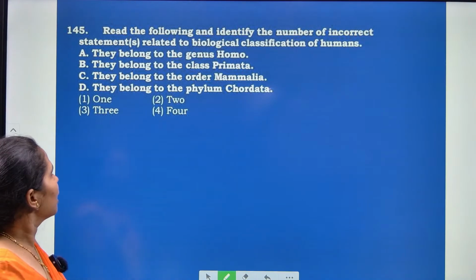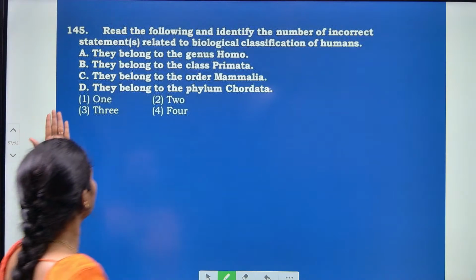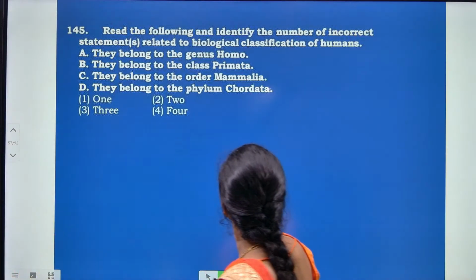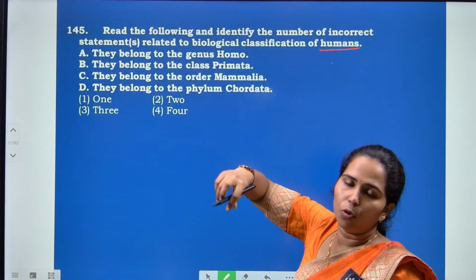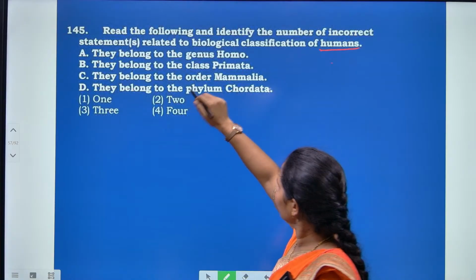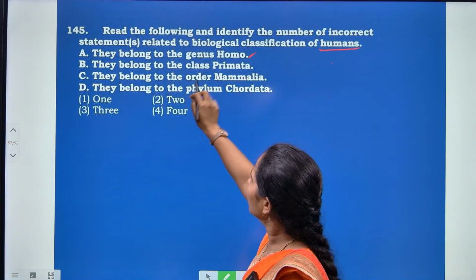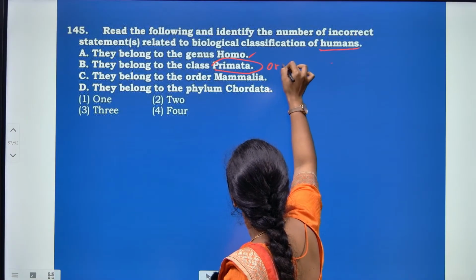Next, read the following and identify the number of incorrect statements. Statement 1 is related to the biological classification of humans. The human scientific name is Homo sapiens here, so the genus and the species name, they belong to genus Homo here. They belong to class Primata. It is not a class here, but it is an order Primata.